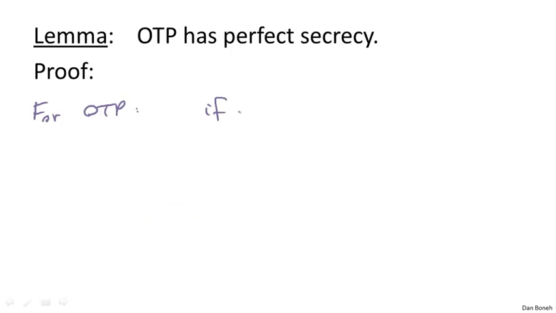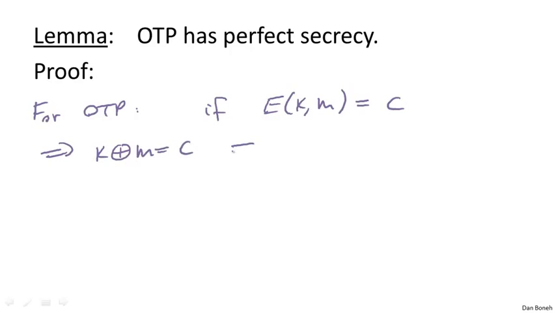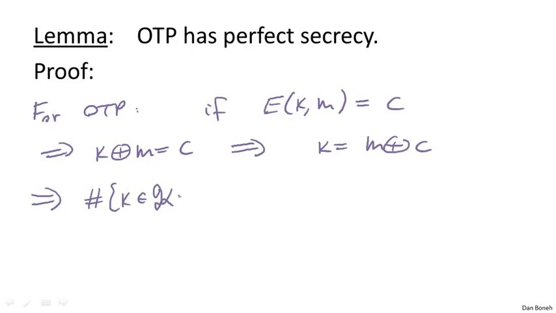For the one-time pad, if we have that the encryption of M under K is equal to C, then by definition, that implies that K XOR M is equal to C. But that also simply says that K has to be equal to M XOR C. I just XOR both sides by M, and I get that K must equal M XOR C. So what that says is that for the one-time pad, the number of keys in K such that E(K, M) is equal to C is simply 1, and this holds for all messages and ciphertexts.